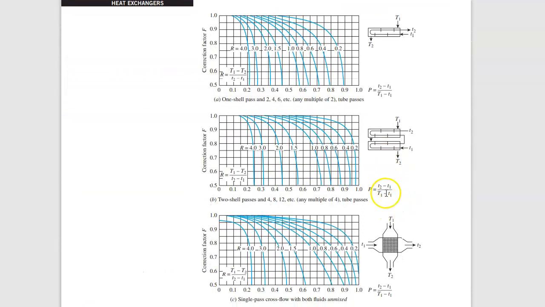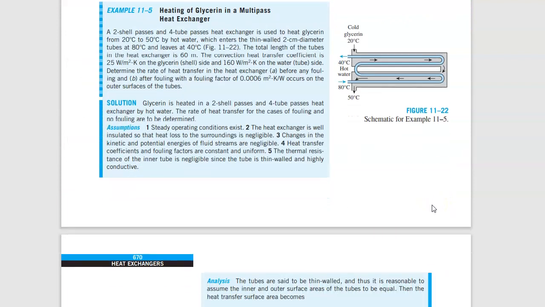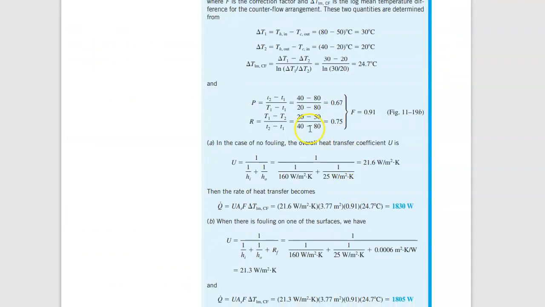So let's have a look at the graph. Here, R is the blue line. R equals 0.75. The other one is P equal to 0.67.